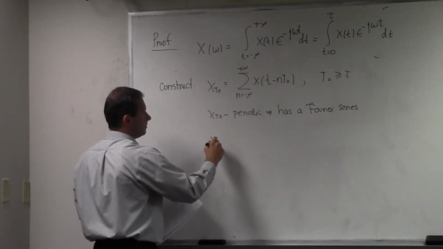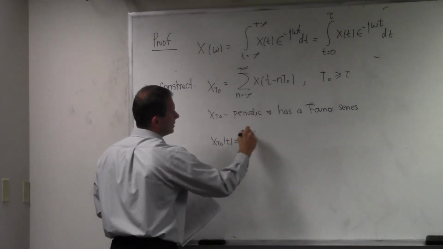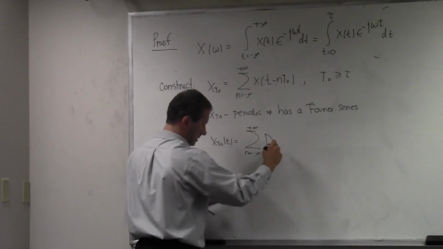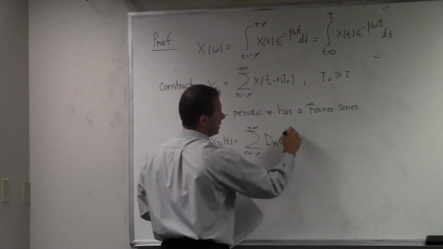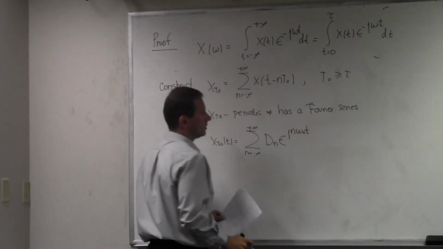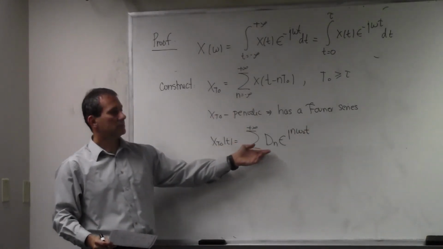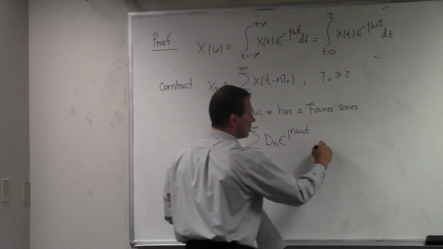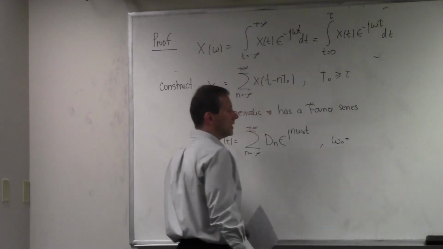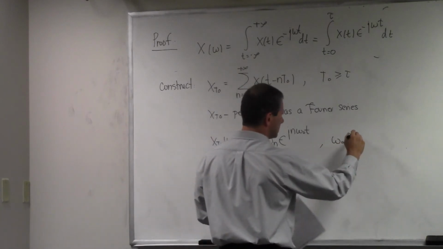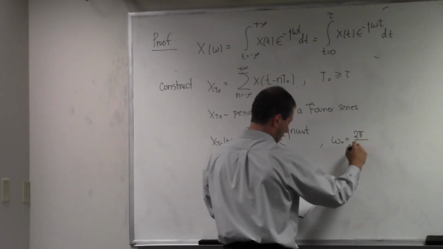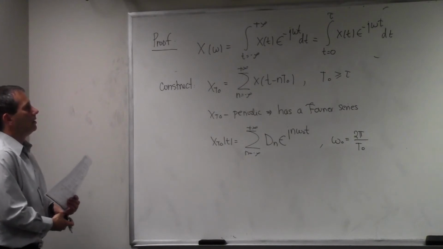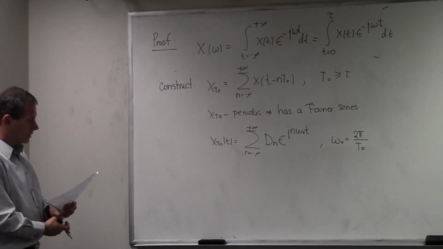So x T0 of t can be represented as the sum, n goes from minus infinity to plus infinity, of dn e to the j n omega 0 t, right? Where this is our exponential Fourier series, and we know how to determine these coefficients. This omega 0 is the fundamental frequency, 2 pi over T0.